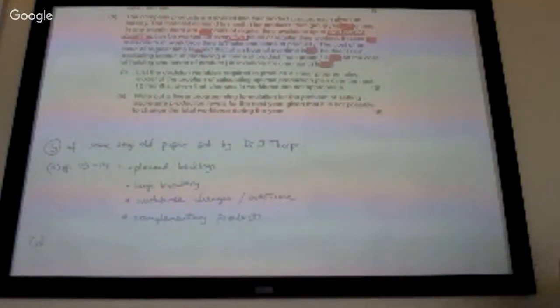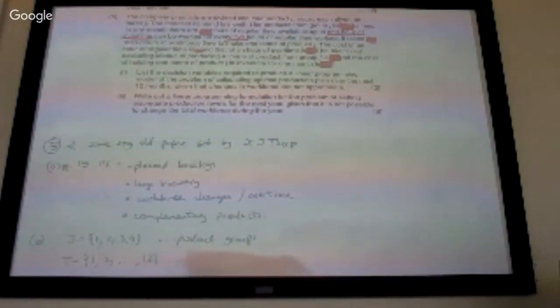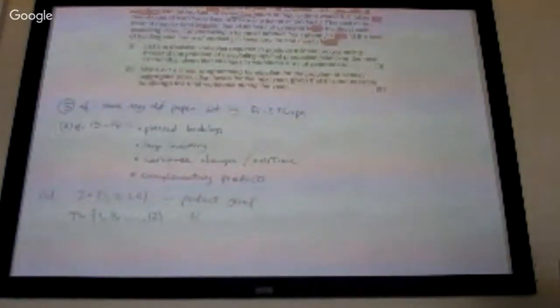So J will be the product groups 1, 2, 3, 4. It says there are 4. T is 1 to 12, the time horizon, because it wants us to produce over the 12 months. And that's it.